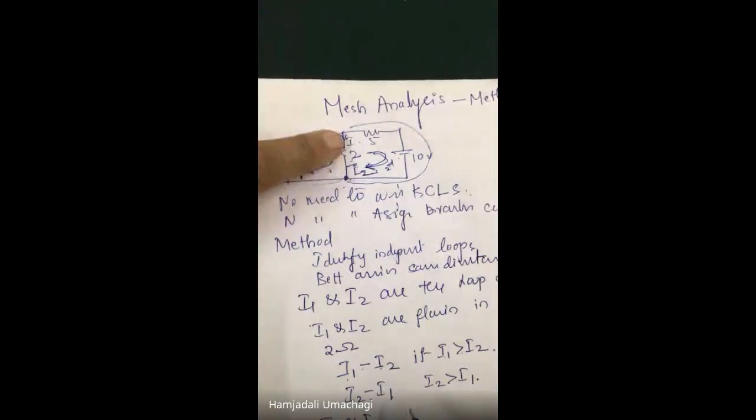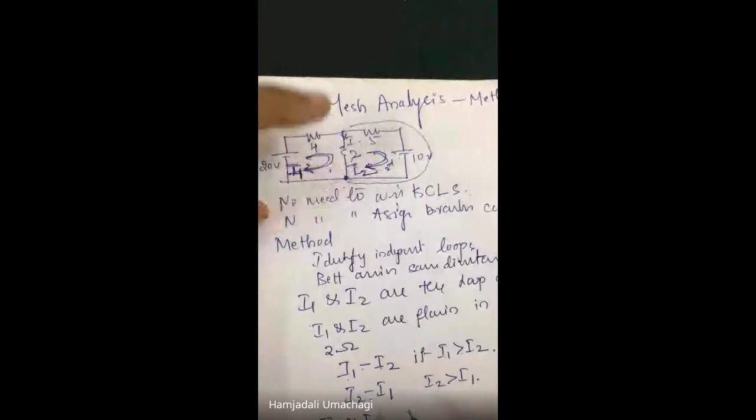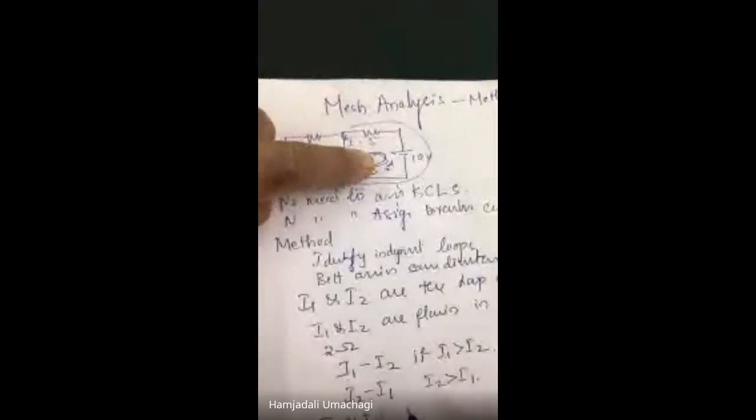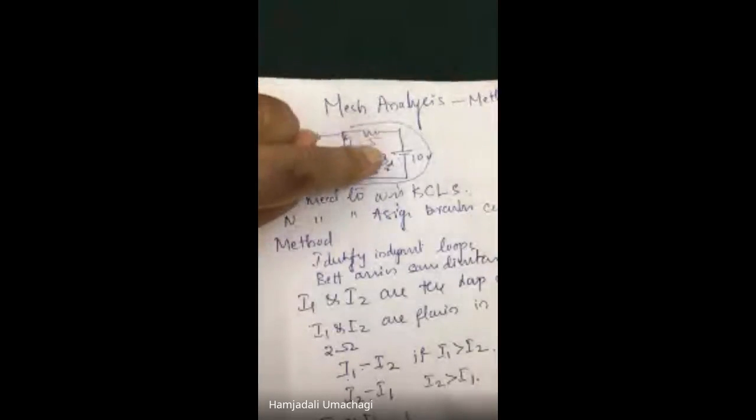So the current through the 2 ohm resistor is I1 as well as I2. The net current through the common branch, or 2 ohm resistor, is the algebraic sum of I1 and I2.